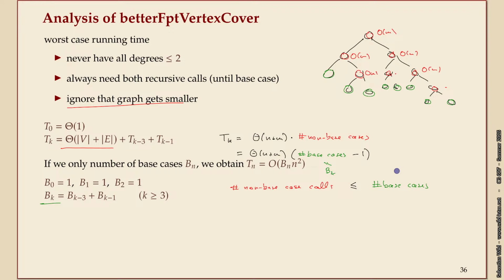So if we solve bk, we can just multiply by n times m, or n plus m, sorry. And then we get the overall cost for the original algorithm, or an upper bound for the original algorithm. That's the idea here. And the reason is just that we get rid of this extra term with a different parameter. That makes life a bit harder, and the base cases are easier to count.